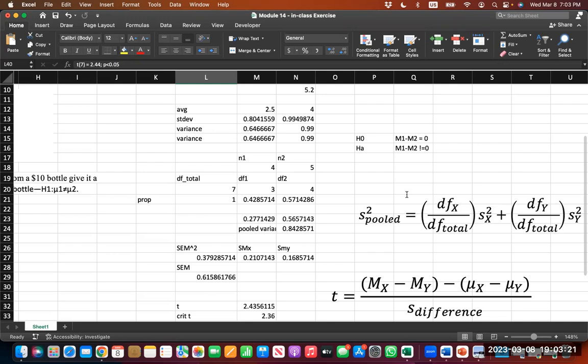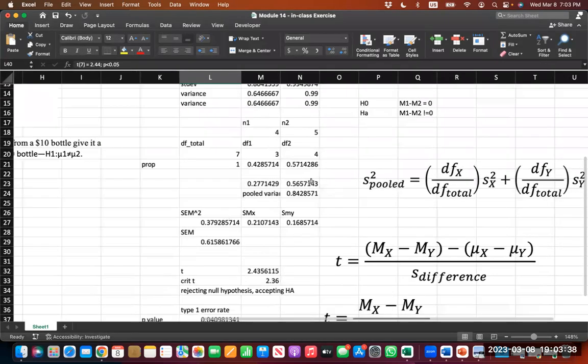You multiply the respective variance in the group with your weight and add these to get the pooled variance.